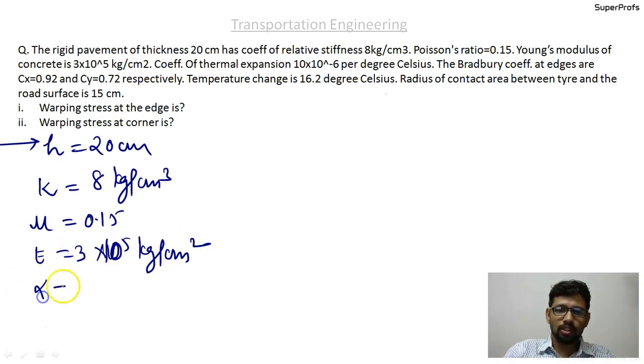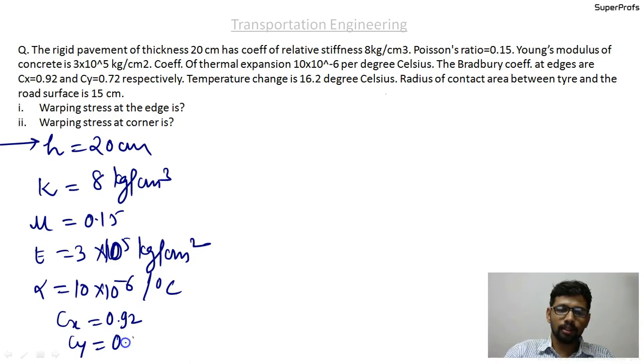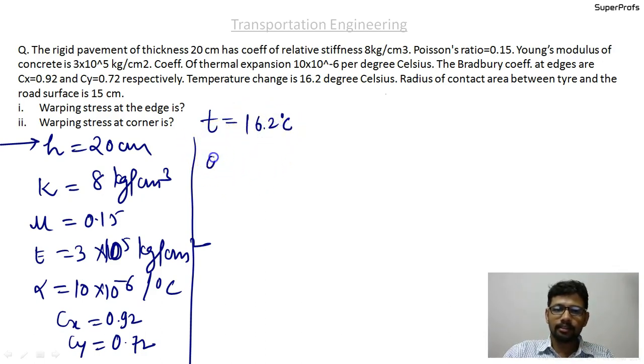Coefficient of thermal expansion alpha equal to 10 into 10 to the power minus 6 per degree Celsius, and Cx value is given to be 0.92, Cy value is given to be 0.72, delta T or simply T is given to be 16.2 degrees Celsius, A is 15 centimeter, radius of contact between tire and road surface is 15 centimeter.